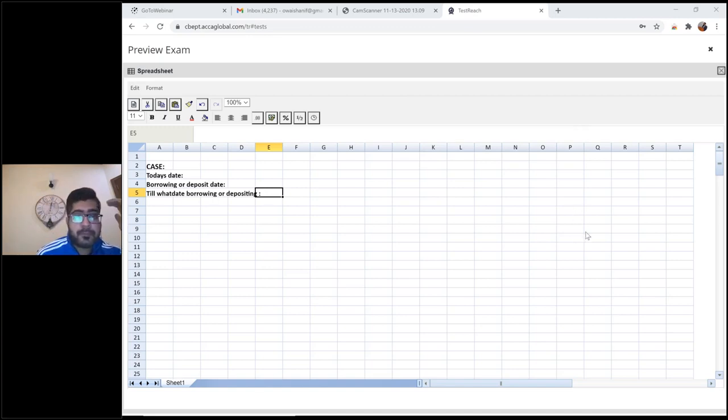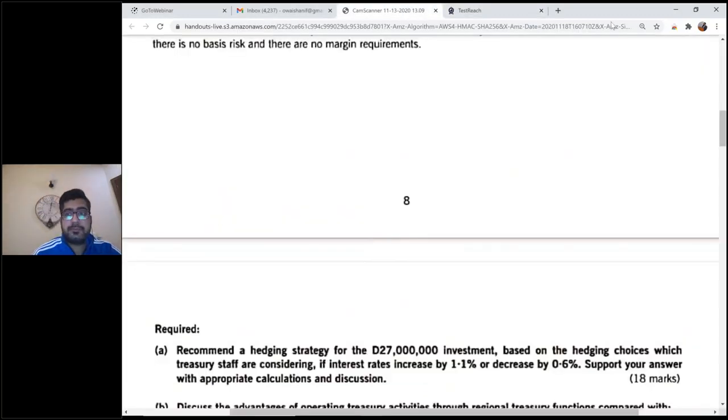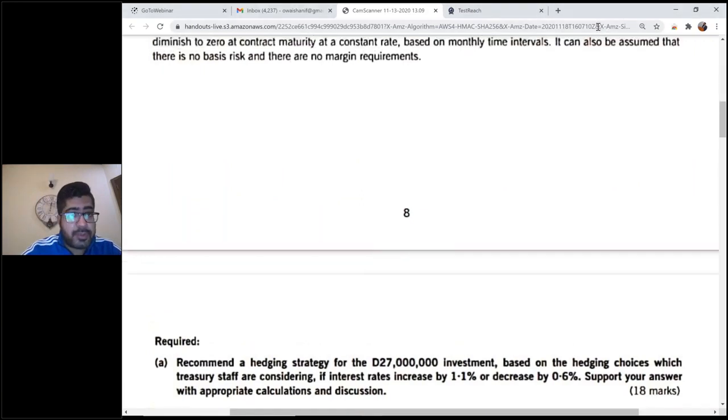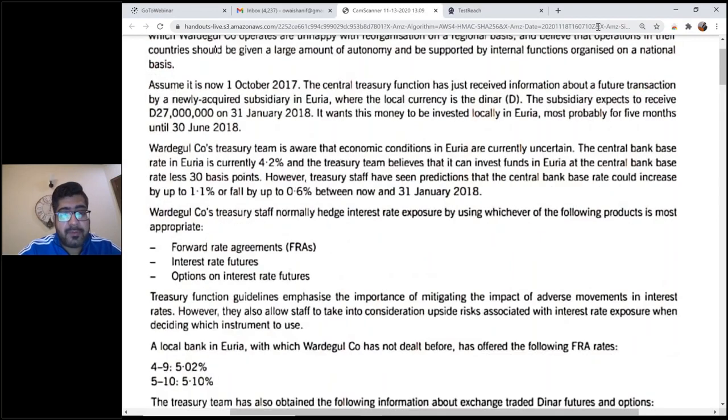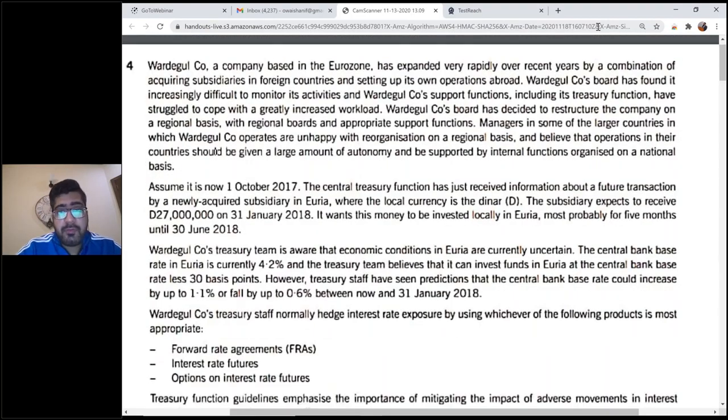First, we need to note what is the case, borrowing or depositing. So let's search for that. Look at the second paragraph. Assume it is now 1st October 2017 and the Central Treasury Function has just received information about a future transaction by a newly acquired subsidiary in Urea, where the local currency is dinar.